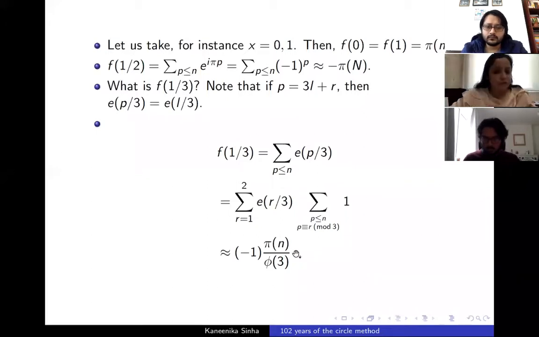Now, from the prime number theorem, pi of n is asymptotic to n over log n. So when I say approximately, it means this is equal to this number plus something which is of order smaller than n over log n.